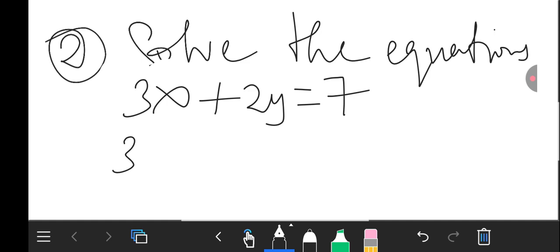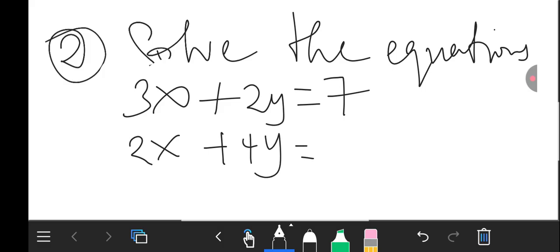Then let's have another equation, maybe 2x plus 4y is equal to 10. Now let's solve this equation.